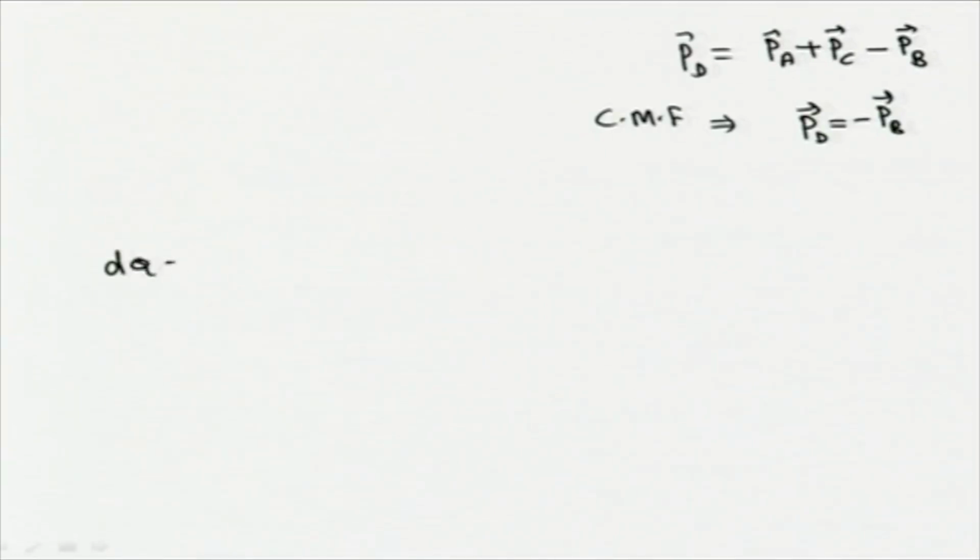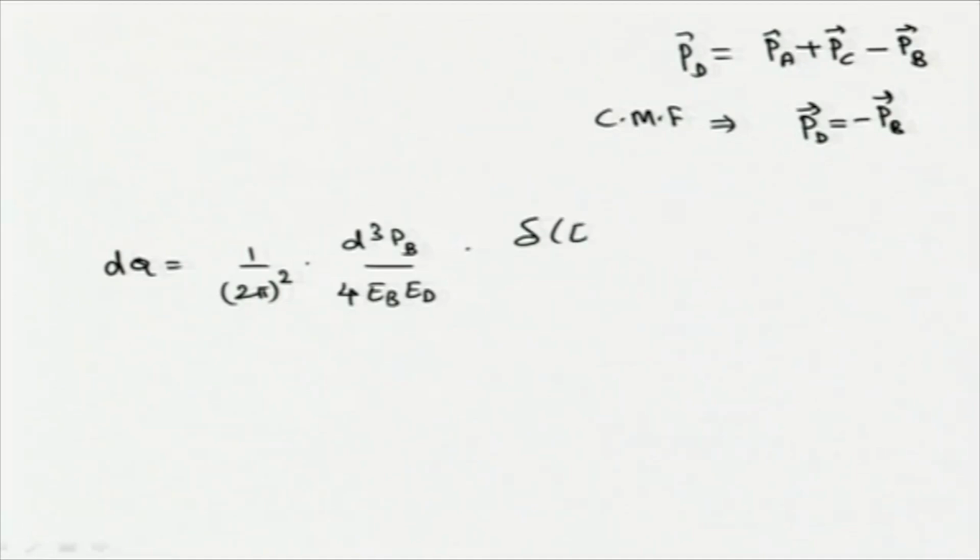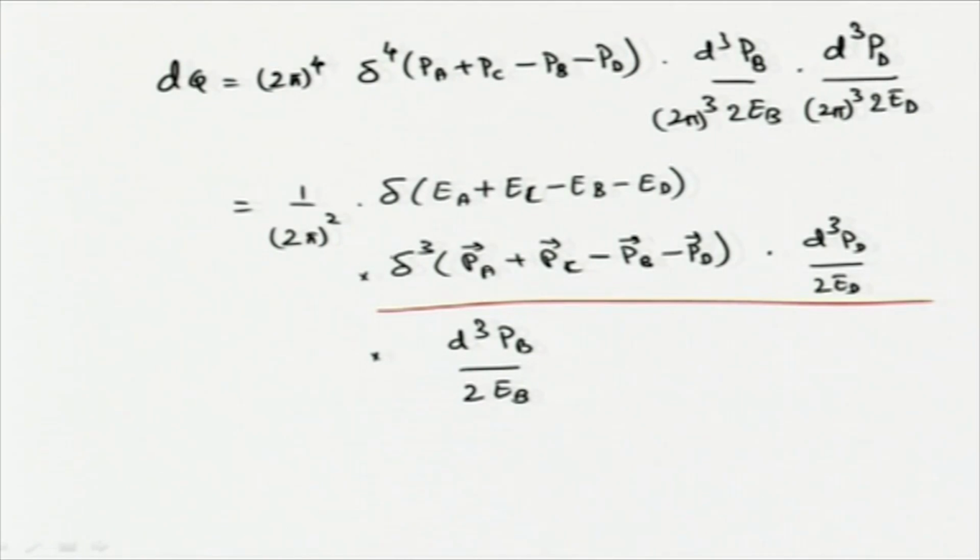And dq will be 1 over 2 pi power 4, 2 pi power 2, d 3 P B over 4 E B E D. I clubbed 1 over 2 E D with this, and you have a delta energy function E A plus E C minus E B minus E D. The rest of the things are all taken care of.